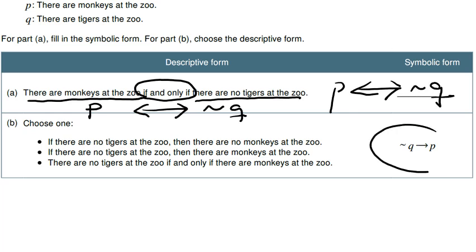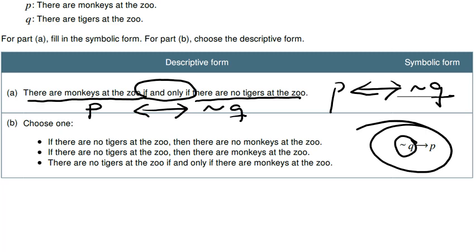For B, we want to take the symbolic form and convert it to the descriptive form. Now this is an if-then statement, but the beginning is the negation of Q, not the negation of the statement itself.